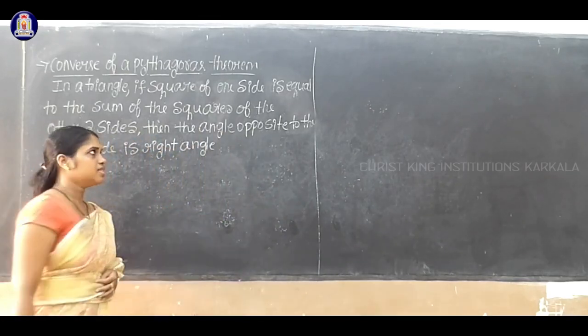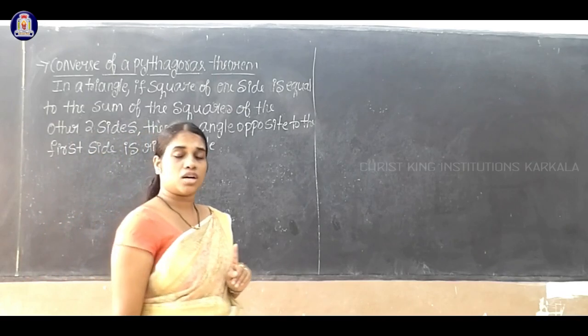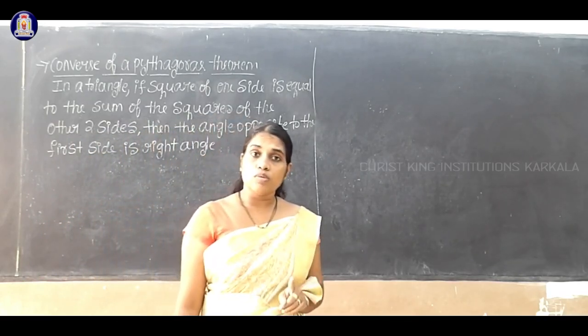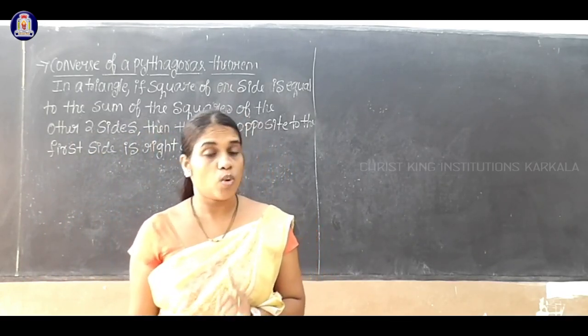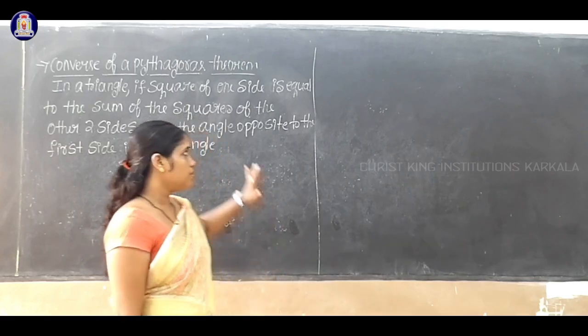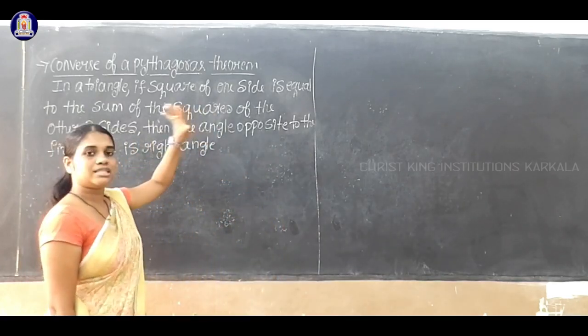Okay. See, sometimes they will ask this question for 1 mark. State the converse of the Pythagoras theorem, 1 mark. Okay. So therefore, it is important to remember this statement.